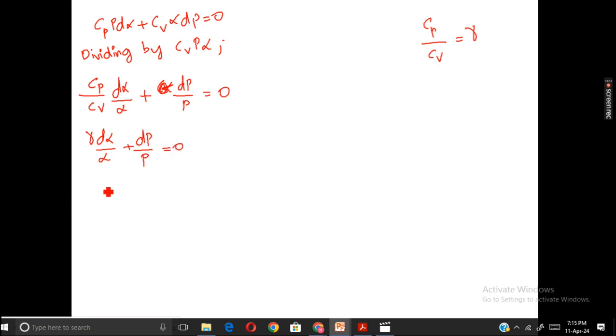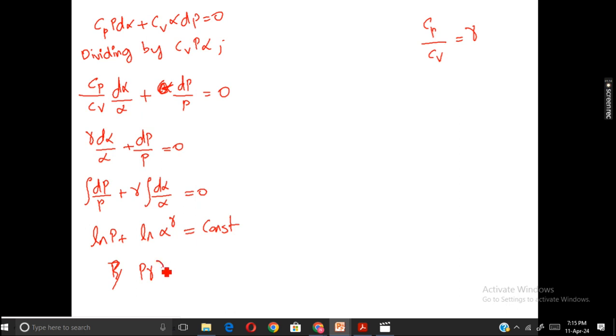Now integrating this equation, it will be the integral of dP by P plus gamma times the integral of d alpha by alpha is equal to 0. The integral of dP by P is log P, plus log alpha raised to gamma is equal to a constant, or P alpha raised to gamma is equal to a constant.